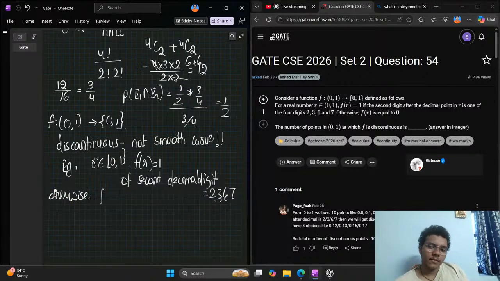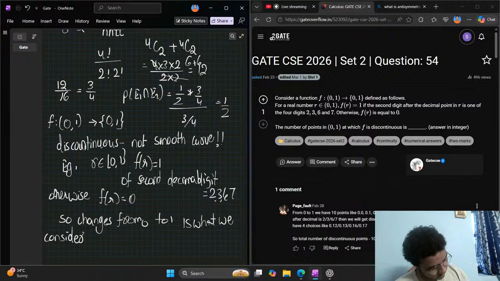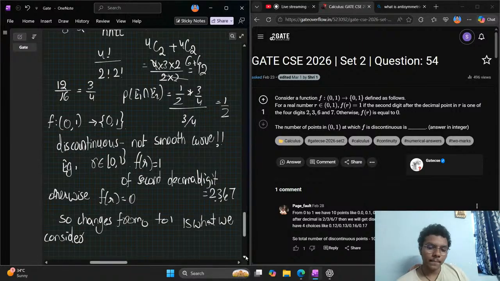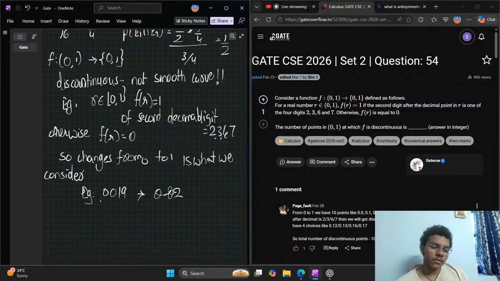Otherwise, f of r is equal to 0. So the change from 0 to 1 is what we consider. Example 0.019 to 0.02.